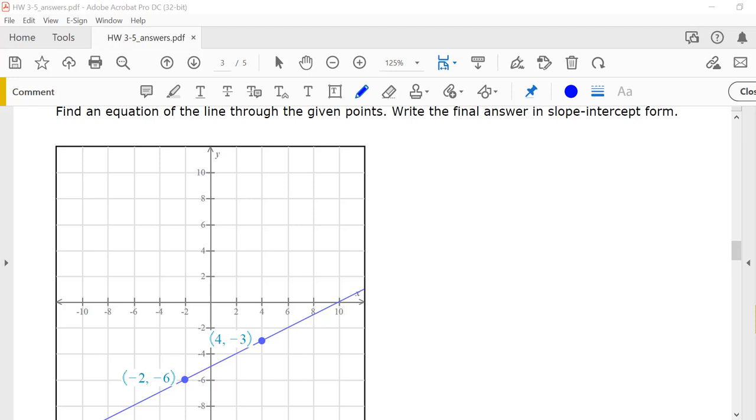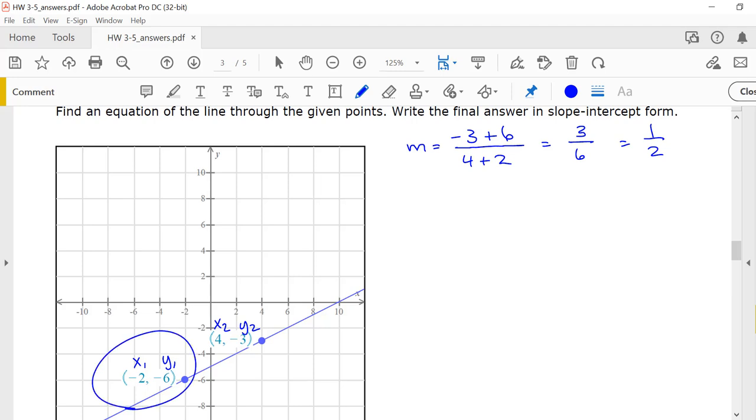Here we go again. Here is x1, y1, x2, y2. My slope is negative 3 minus negative 6 over 4 minus negative 2. So I get 3 over 6, which is 1/2.